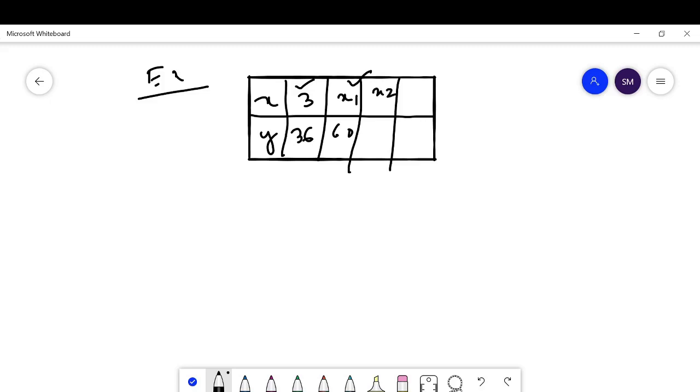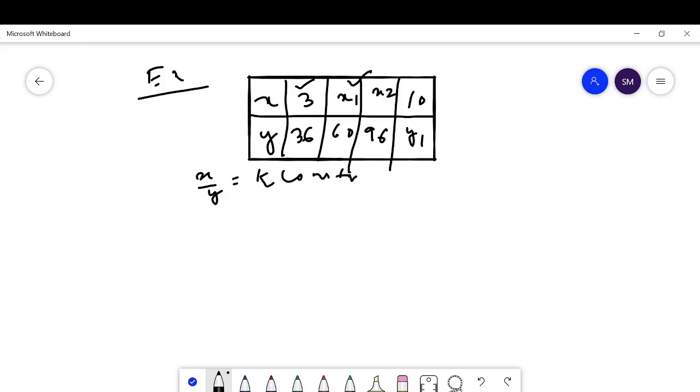Then x2, y is 96, and x3 is 10, and we don't know y1. We have to find these out. As this is direct variation, x upon y is a constant.